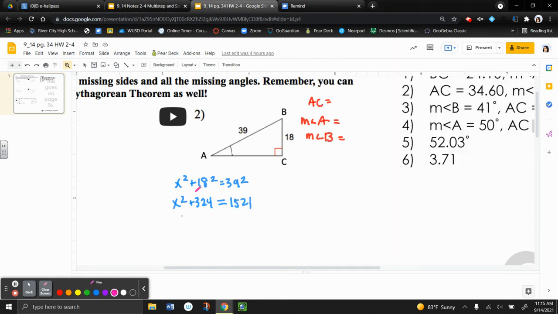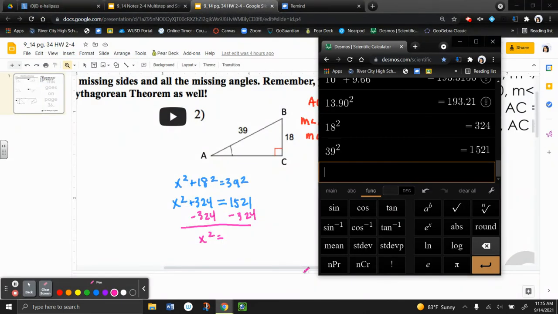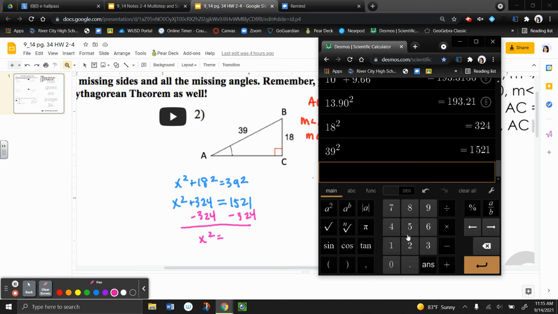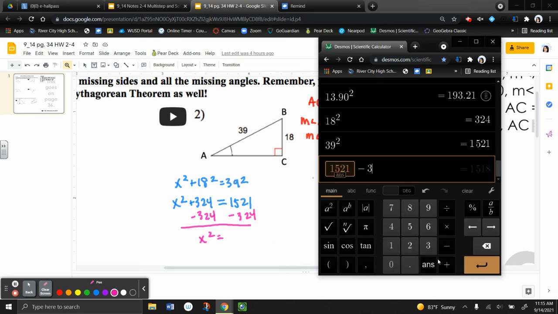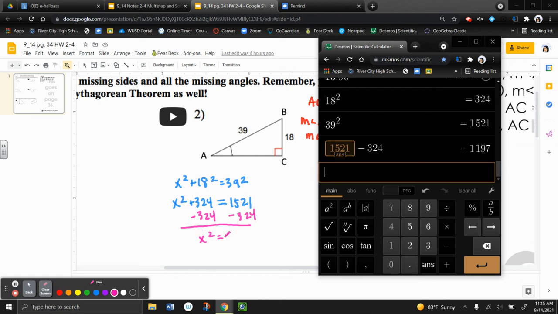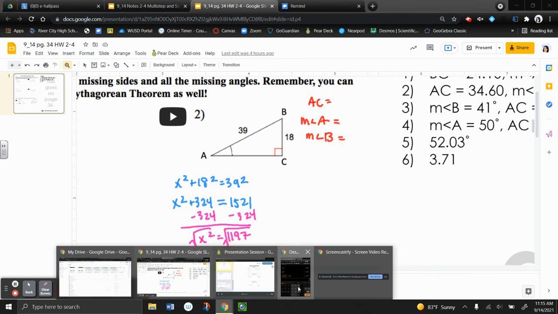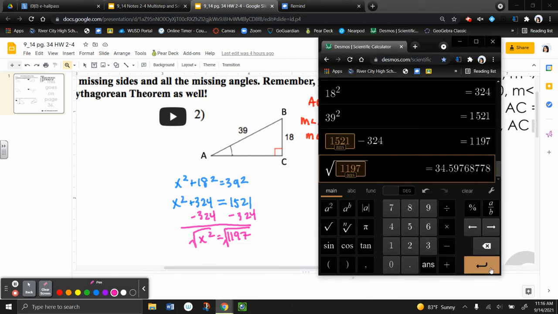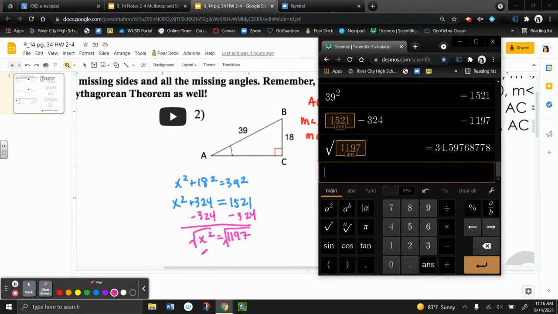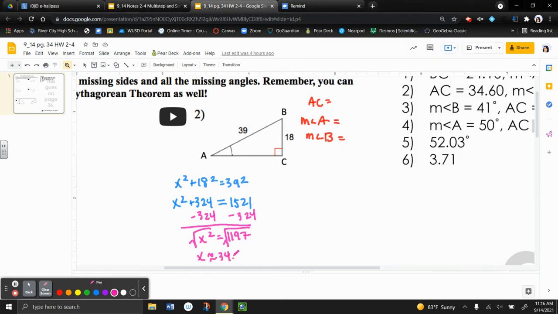And we're going to subtract 324. We get 1197 and square root. We get 34.60, which seems reasonable given the side lengths.